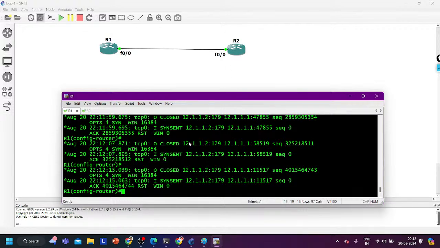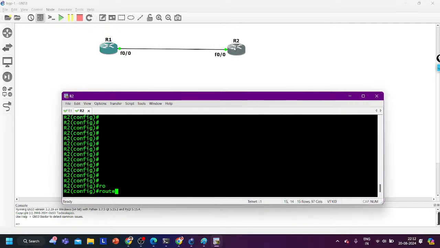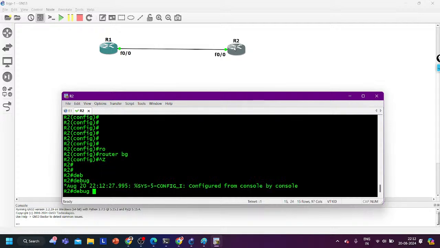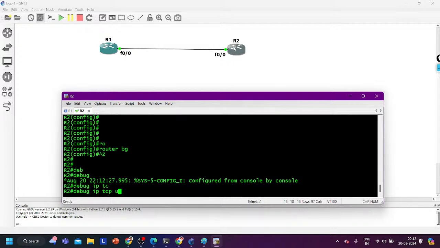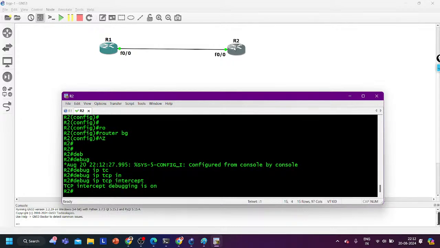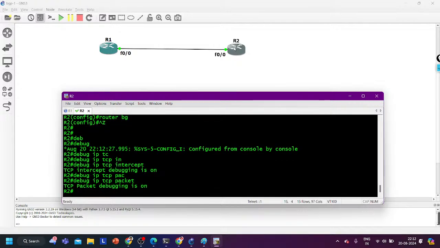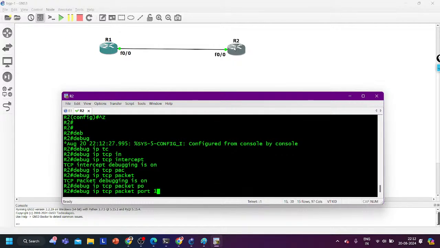Fine. Now router 2 will be using what port number? 179. Now let me take you to R2 and say router BGP, and before that, here also let me enable debugging. Debug IP TCP packet, port 179.